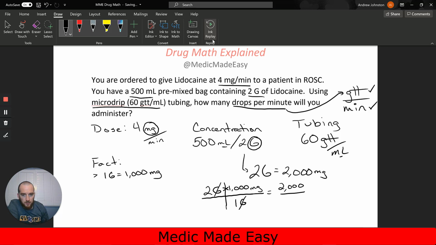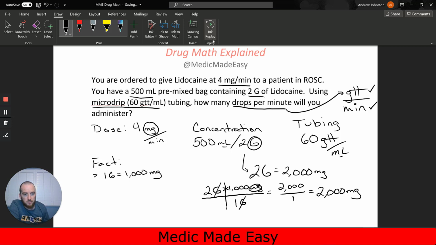And on the bottom, the only thing we have is this 1 left over. So we could just put that 2,000 over 1. Remember from older math that any number over 1 is that same number. So 2,000 over 1 is still 2,000, and the only unit we have left is milligrams.